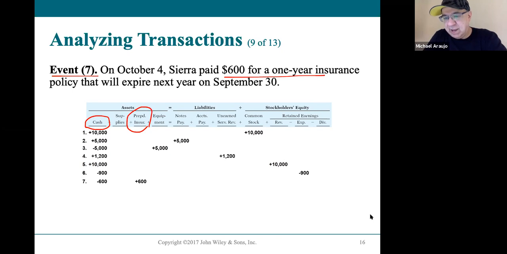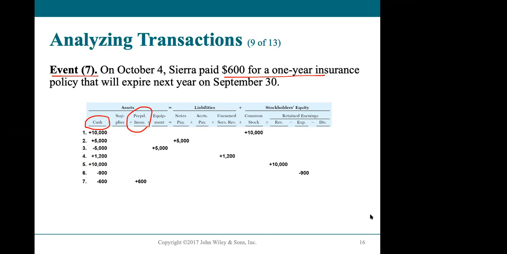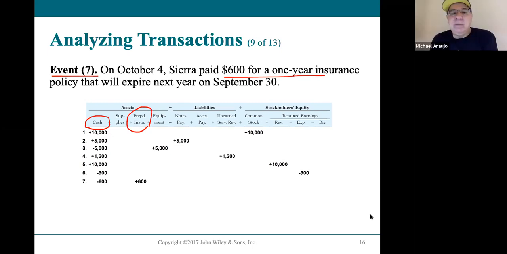I'm here. Okay. Give it a shot. Talk to me like an accountant. We just have more prepaid insurance. We have less cash by 600. Tell me. So the prepaid insurance would be the debit, so it would go under assets. Well, we don't have to mention that. Yes, the debit to prepaid insurance. We know that prepaid insurance is an asset account, so we don't have to mention that, right?